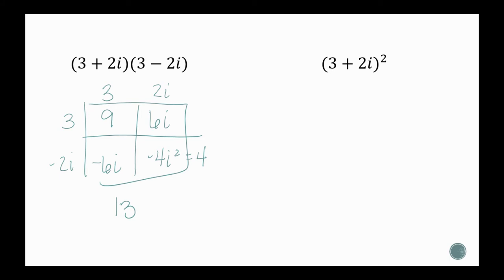Are we going to get 13 for the next one? Why not? Right, because they're going to be both plus 2i's. This first one was one of each. So we're going to square the 3 plus 2i.